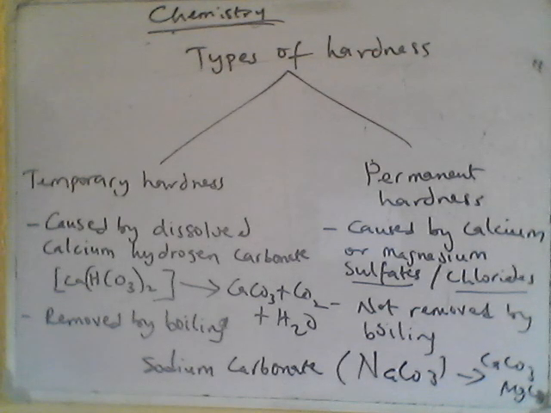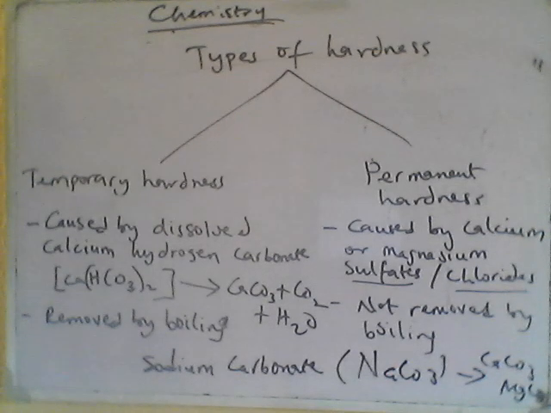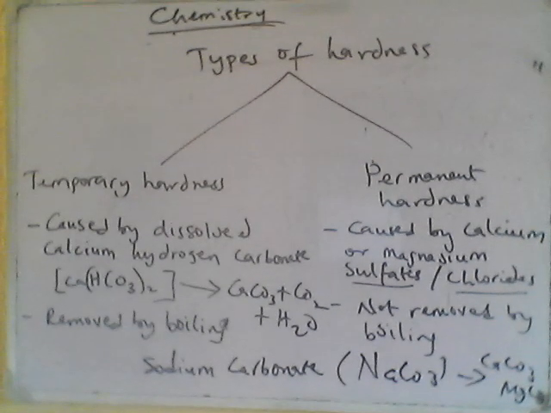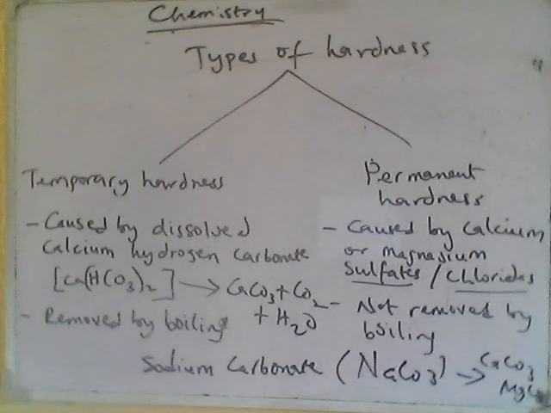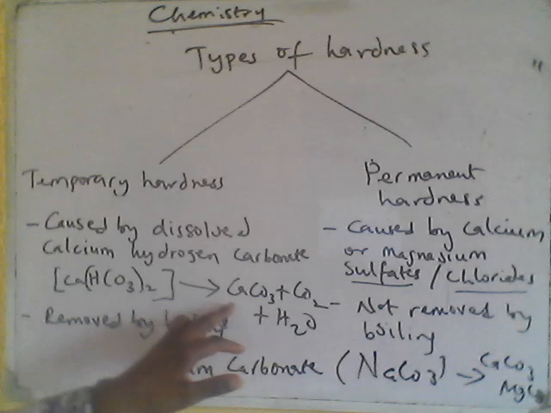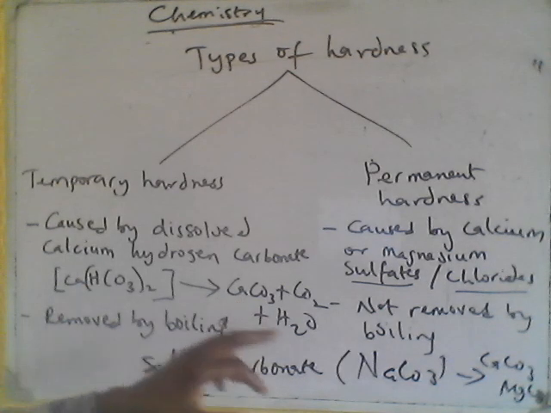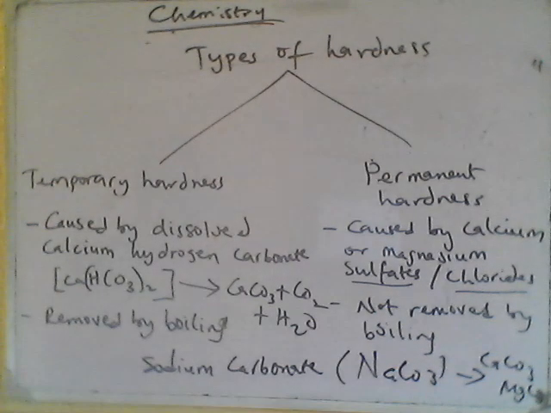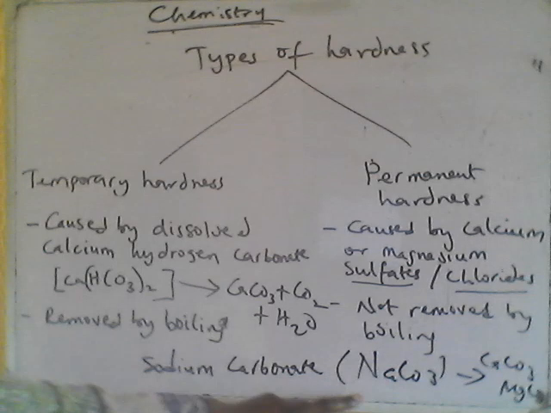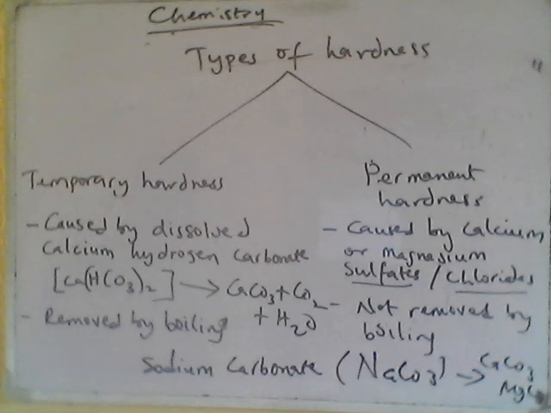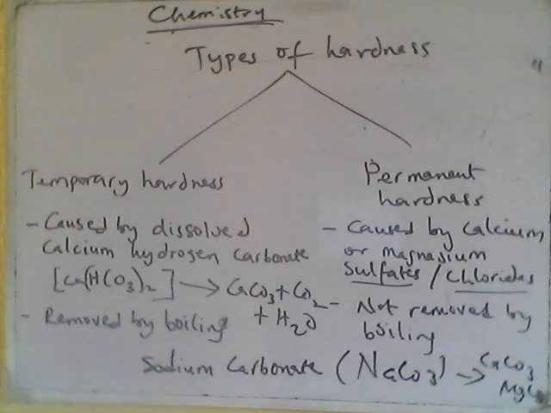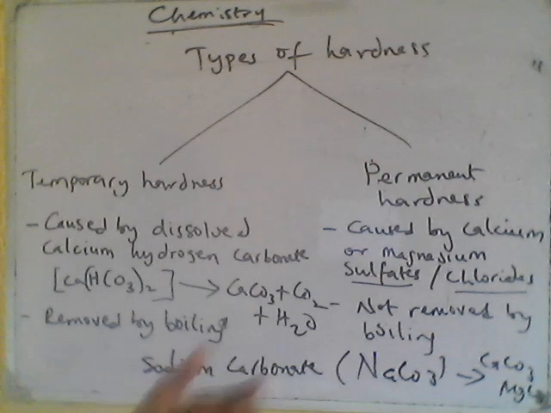So the process of removing hardness in water: for this case you boil, then this precipitate will be filtered out. For this case, you put it for reaction. When you do the reaction, this and this will come out, and you can now distill them. Pure water can be gotten by distillation.